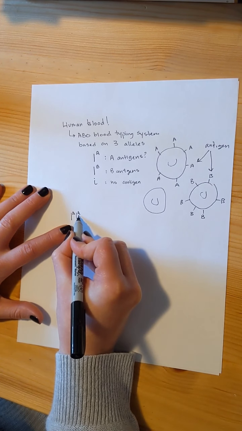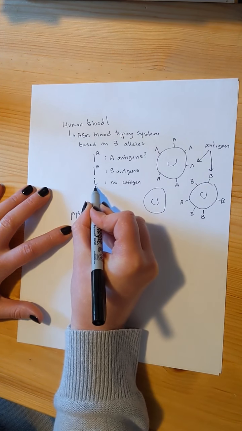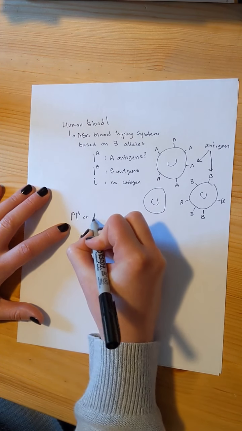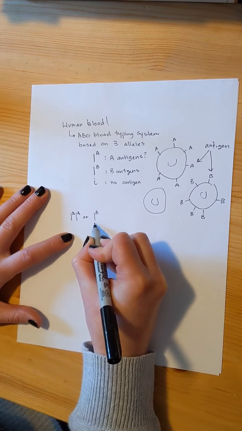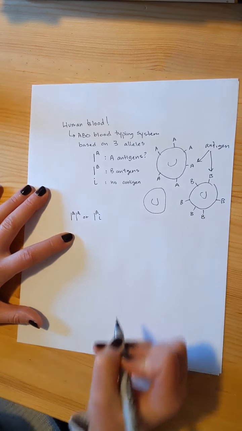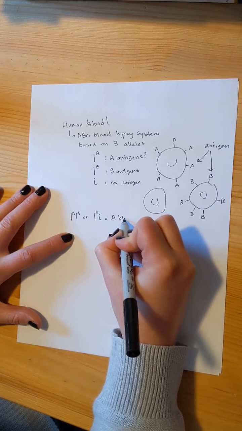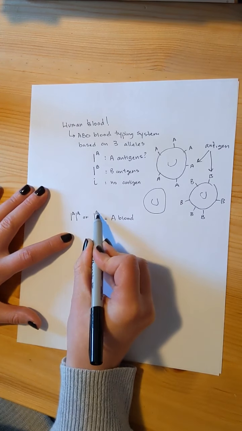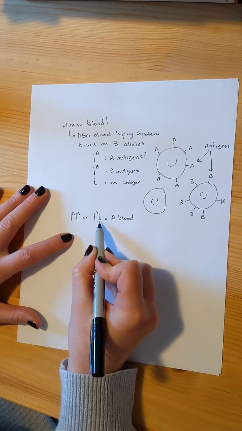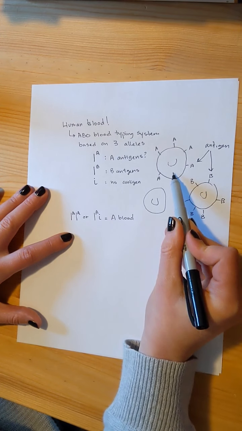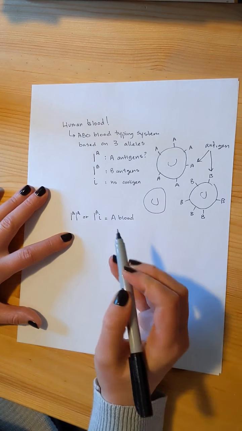But A is dominant to no antigen, so you can be 2 of those, or 1 A antigen allele and 1 no antigen allele, and either way you would have A blood. Because A is dominant to no antigen, your red blood cell would look like this one. You would have A proteins on the outside of your red blood cell.